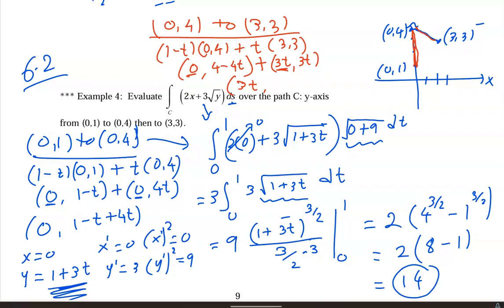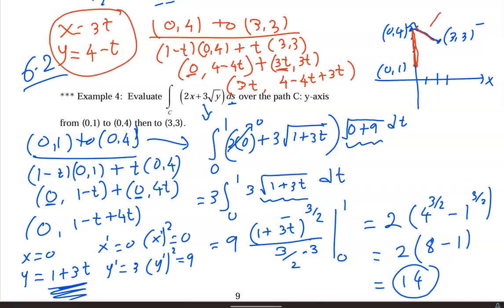That's your x. And y is going to be what? 4 minus 4t, and then you're going to add 3t, right? So your x is going to be 3t, and your y is going to be what? 4 minus t. Did I do this right? 4 minus t? Yep. Okay, so that is your curve, right?